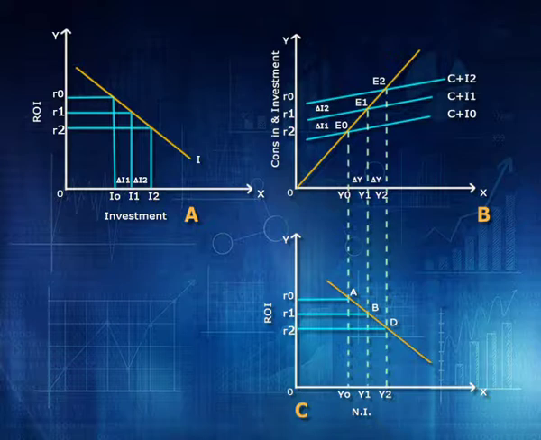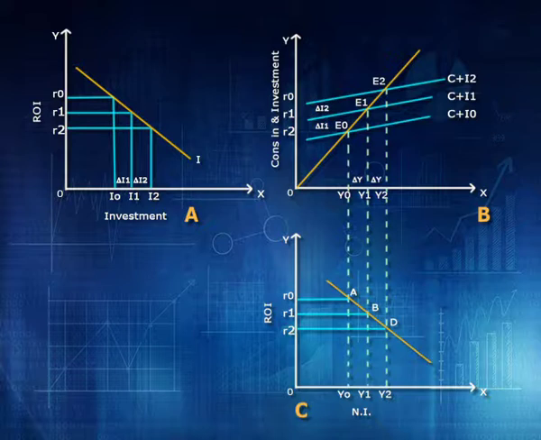When rate of interest falls from R0 to R1, the profitability of investments rises, which increases the planned investment to I1. Due to increase in investment, the AD curve shifts from C plus I0 to C plus I1 in part B. As a result, equilibrium level of national income increases to Y1.